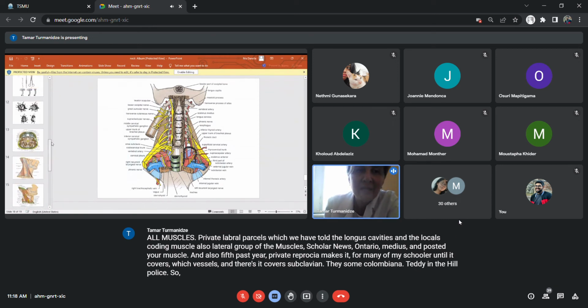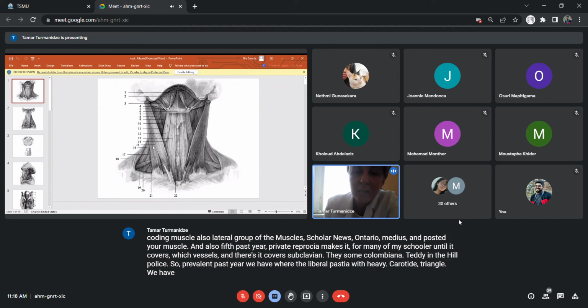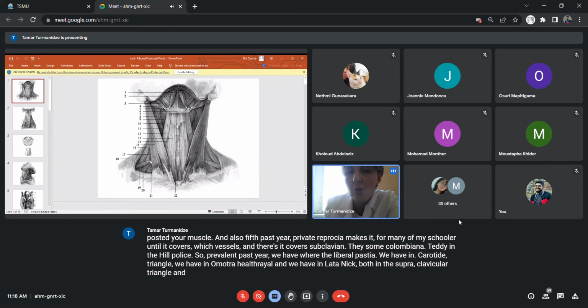So the prevertebral fascia we have where? We have it in the carotid triangle, in the omotracheal triangle, and in the lateral triangle of the neck, both in the supraclavicular triangle and in the omotrapezius triangle.